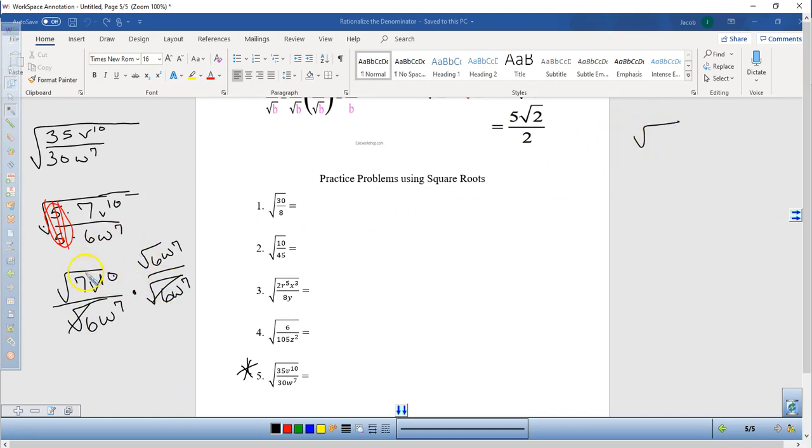Got on the top, 7 times 6 is 42. Okay, and then I've got v to the 10th, and I've got w to the 7th. And on the bottom, I've got 6w to the 7th.